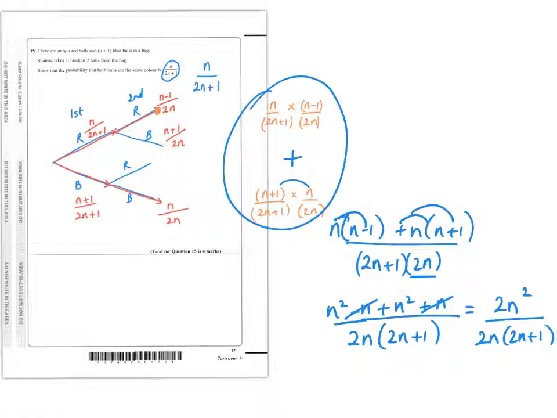We're nearly there, because 2 divided by 2 is 1, and now we've got to look at what n squared divided by n is. Well, if you think about it, n squared divided by n is just n. So our answer would be n over 2n plus 1.